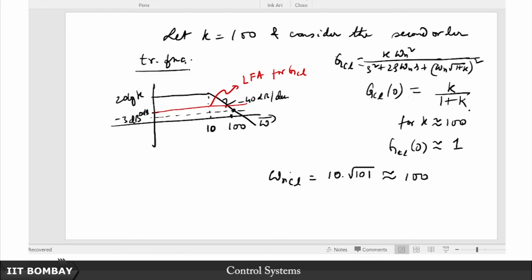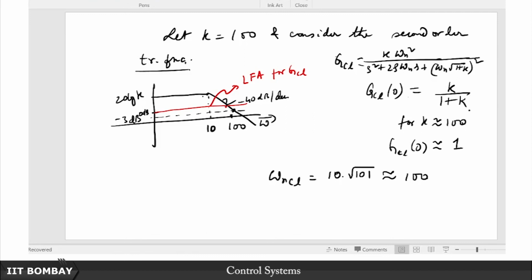The reason being that you see what this value here is: this is 20 log k, and at 10 it was 20 log k. So at 100, what value would it have come down to? k is again 100, which means this is 40.